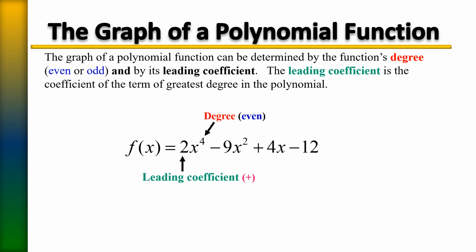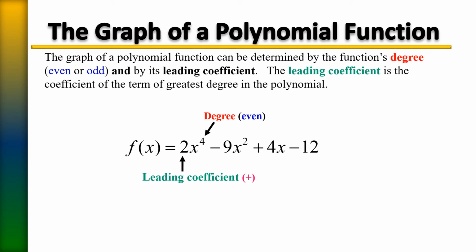So 2 is the leading coefficient, and since that is a positive number, that indicates that if you were to graph this polynomial, it would rise on the left and fall down to the right. So from left to right, you would see a rise because the leading coefficient is positive.